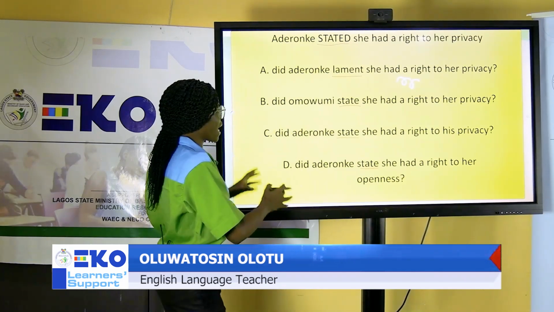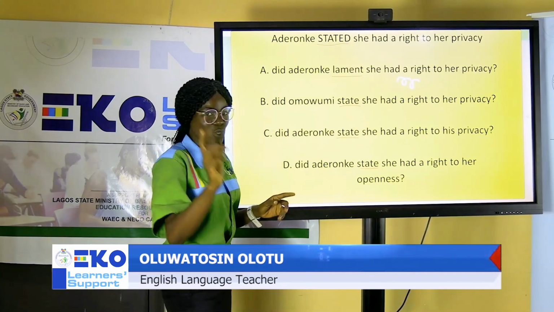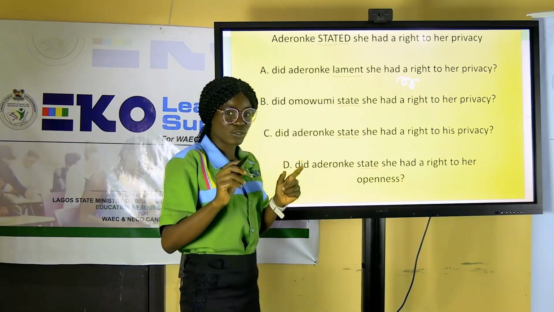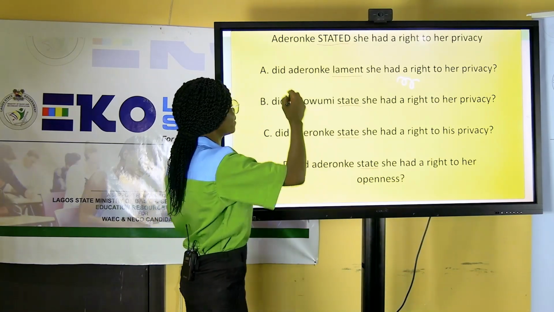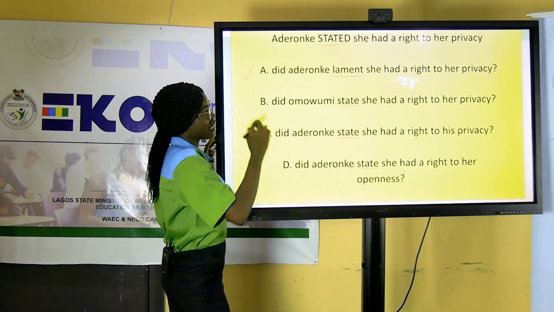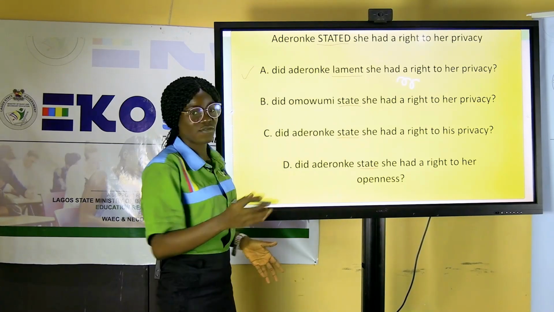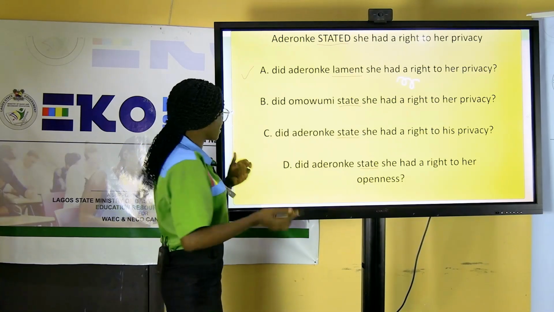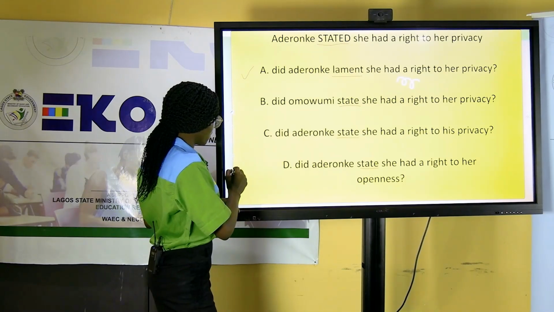The only one that is not correct, that contradicts what the speaker wants you to pay attention to, is A, did Aderonke lament, which is different from the other ones. So this is the correct answer. I hope you're getting it. Let's look at more examples.